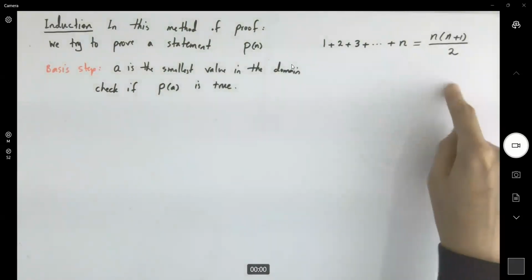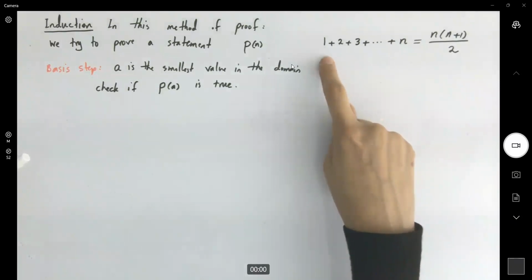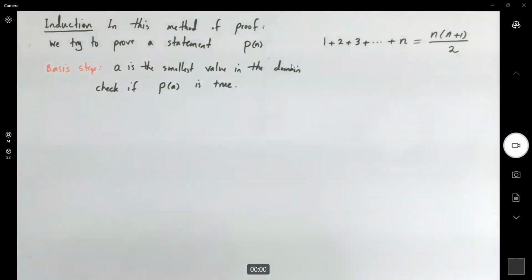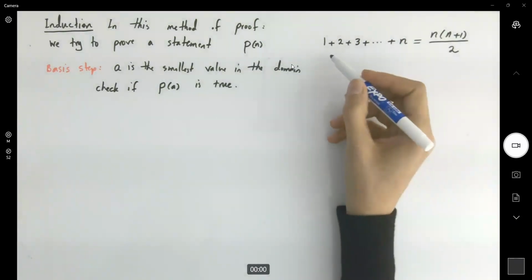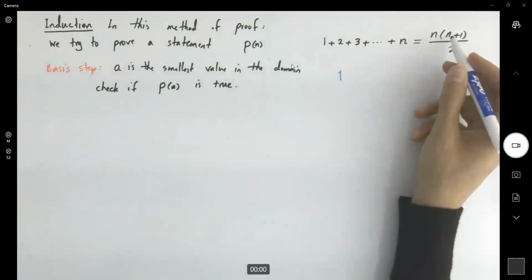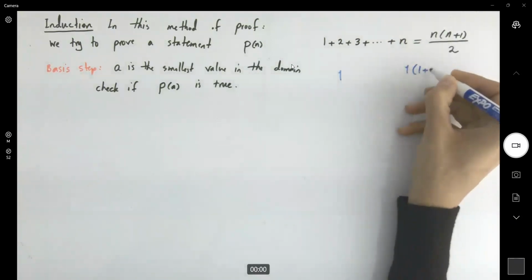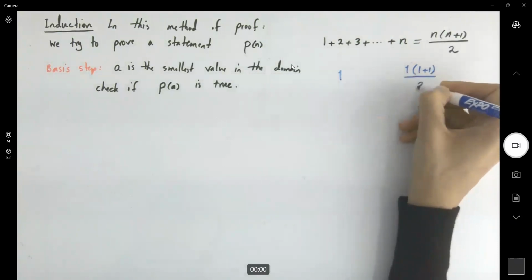So take a look at this formula. This formula starts at 1. So you're going to take the very first element and check to see if that element satisfies the formula or not. What's the meaning of that? On the left-hand side, I have 1. On the right-hand side, n is equal to 1. So 1 times 1 plus 1 divided by 2.